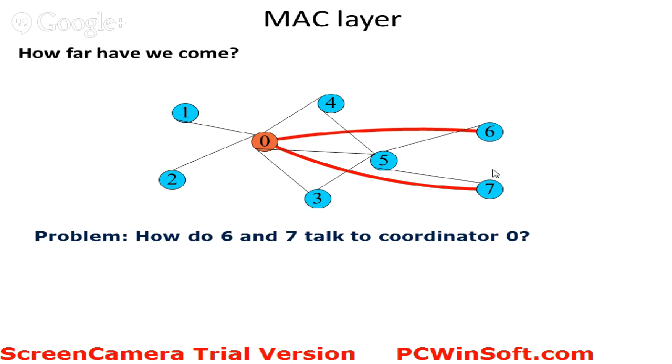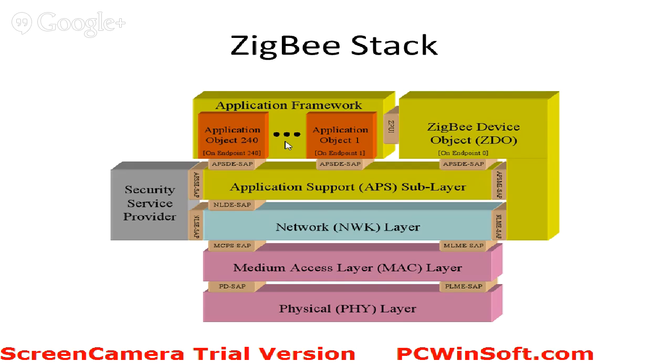Now, if the coordinator wants to communicate with node 6 or node 7, how will this be done? So here comes the issue of routing. And routing is not handled by the MAC layer. Routing is handled at the level of network. So this is the next level in the ZigBee stack, which we call the network layer.